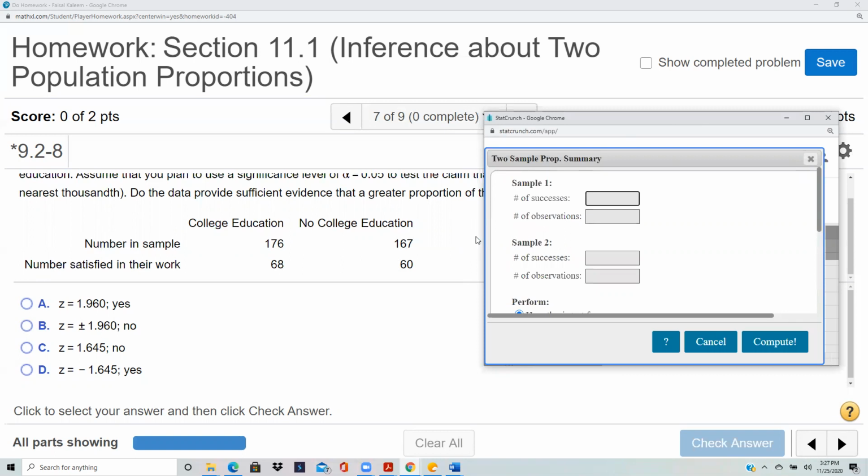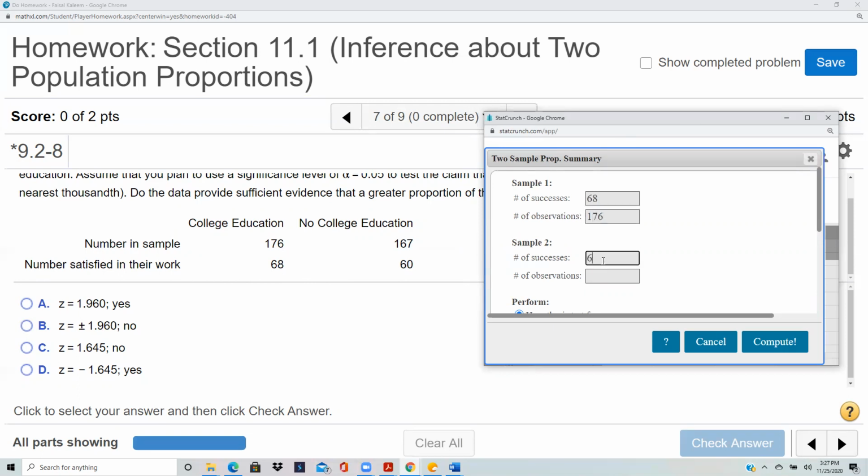So sample 1 would be the people with college education, and sample 2 would be no college education. And so the number satisfied is the number of successes, so that's 68. And the number of people is the number of observations, so 176.